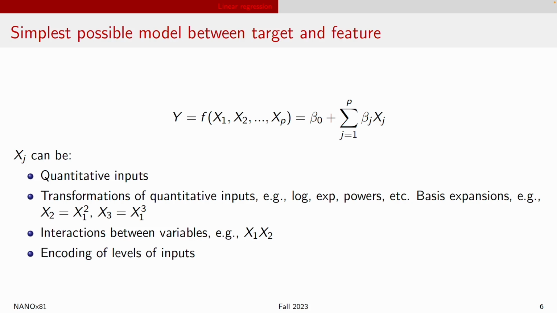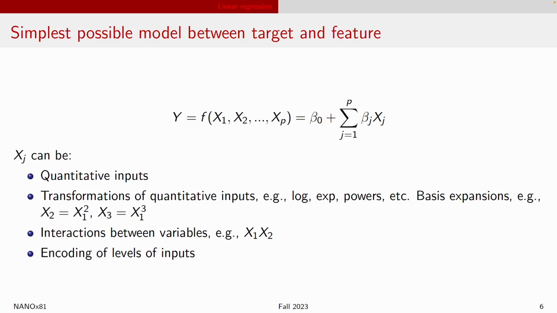Okay, so despite the very, very simple nature of this model, it actually turns out that linear models are extremely powerful. The reason is that the variable x of j can take many different kinds of functional forms.